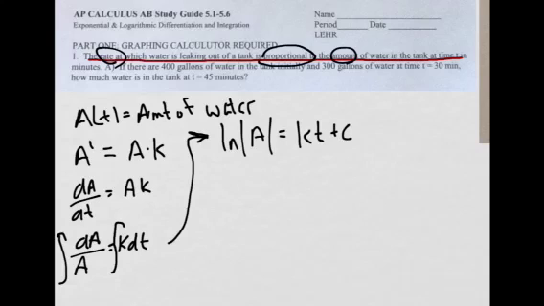So from here, I do e to the on both sides because I want to get to what A is. The e to the on the left side, e to the and ln cancel, give me A out. That's A of t. And I'm going to reorder some things, and if you want a better explanation of it, you can go watch that other video for number 5.